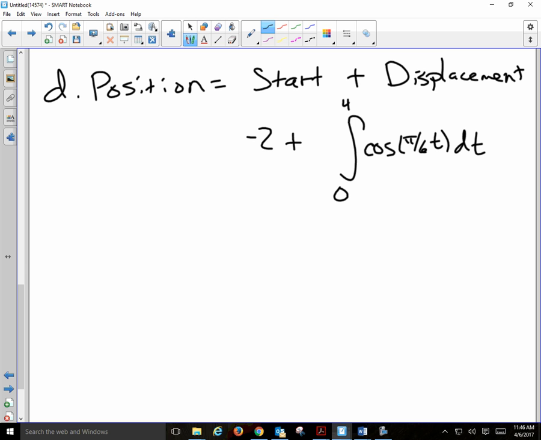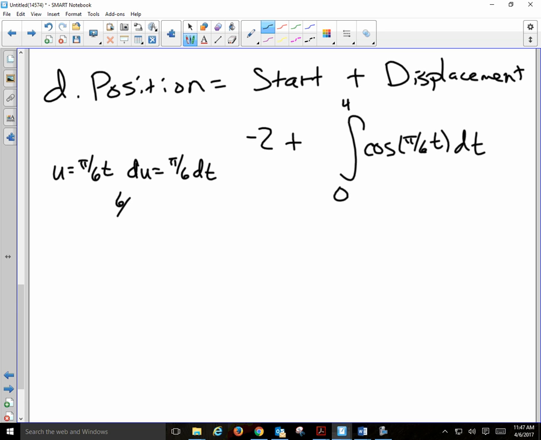I've got to find the antiderivative of cosine of pi over 6 t. Substitution, very good. So u is equal to pi over 6 t. So du is pi over 6 dt. So I have to multiply. I have to get rid of the pi over 6. I don't have a pi over 6 there.